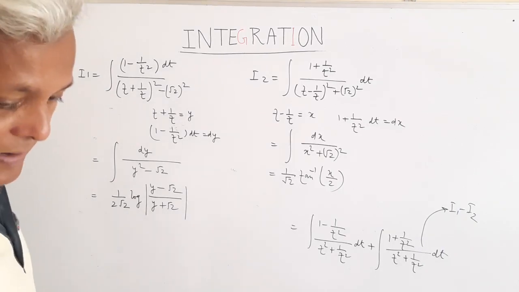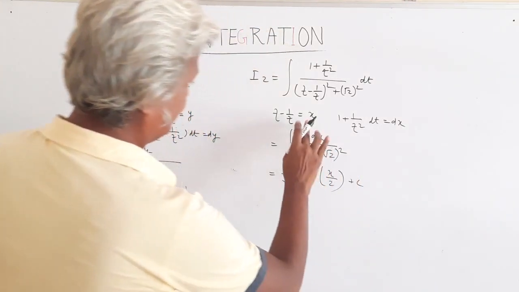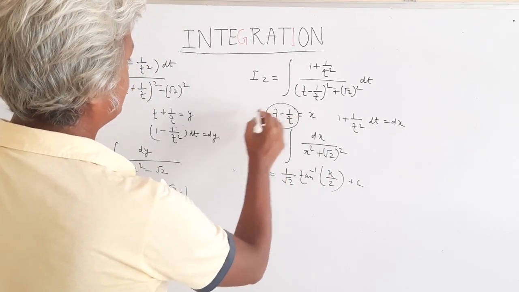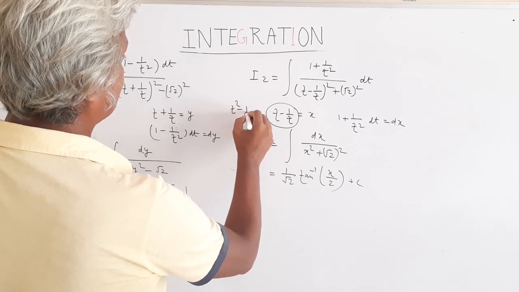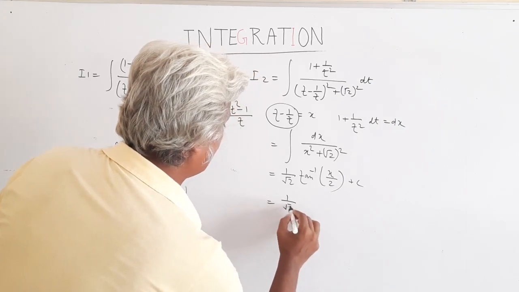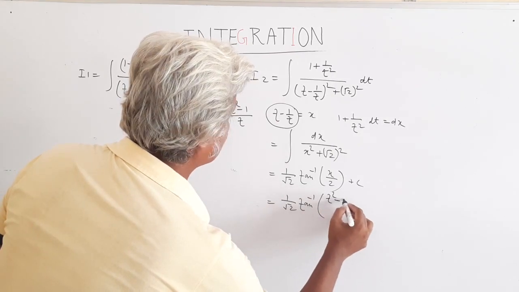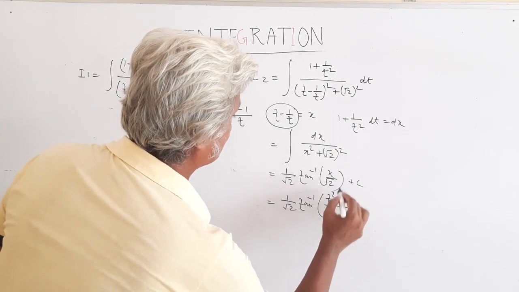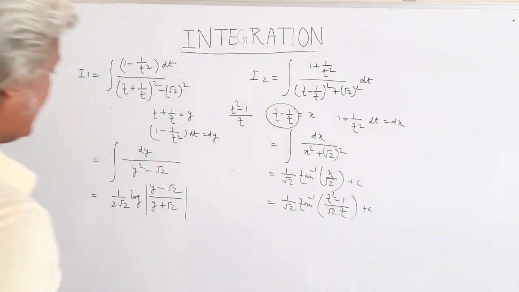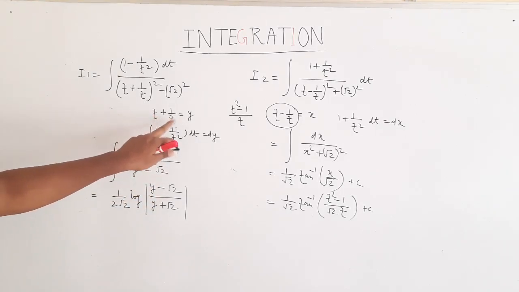So let me clear this part. Here I need to put the value of x. So what is x? You see this is t square minus 1. If you simplify this, you'll get t square minus 1 over t. So this becomes 1 over root 2 tan inverse t square minus 1 over root 2 times t plus c, and here this y is t plus 1 by t.